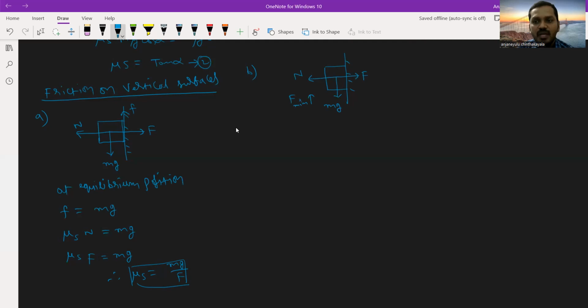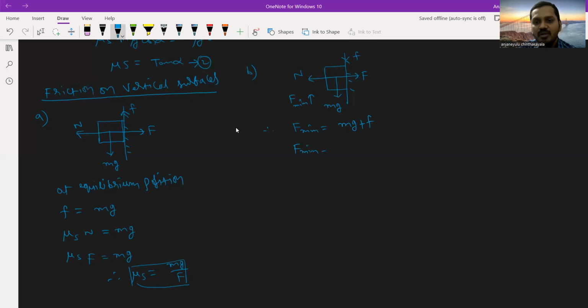If the block tries to move in the upward direction, the frictional force acts in the downward direction, because frictional force always opposes the motion of the block. Therefore, the frictional force f acts downward, and the weight of the block mg also acts downward. So from the diagram clearly, we can write that the minimum force acting on the block is equal to mg plus frictional force f.